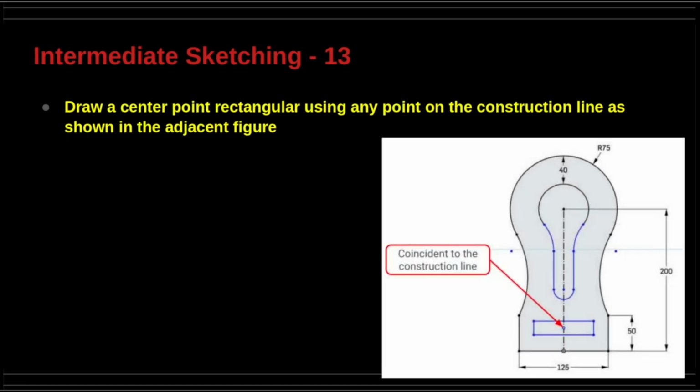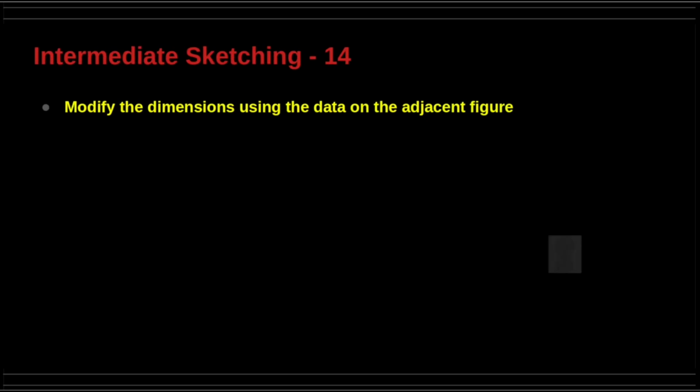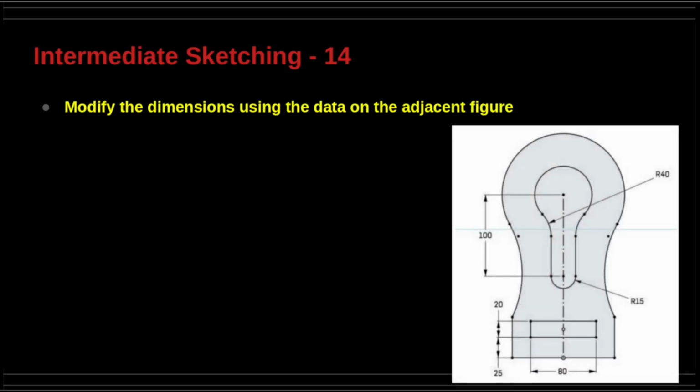Draw a center point rectangle using any point on the construction line as shown in the adjacent figure. Modify the dimensions using the data on the adjacent figure.